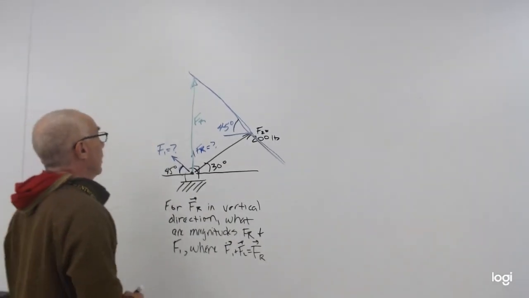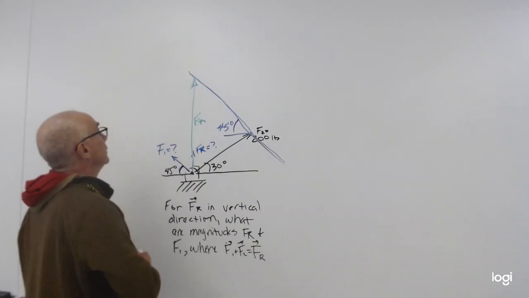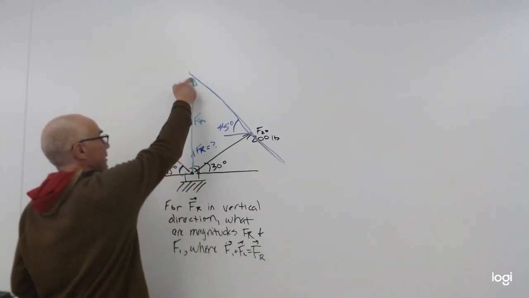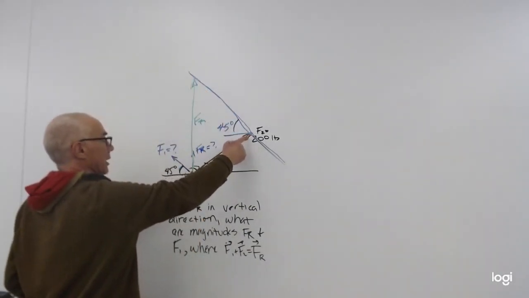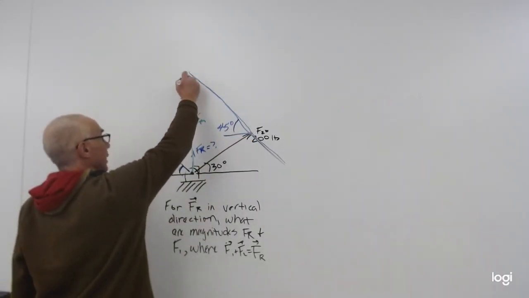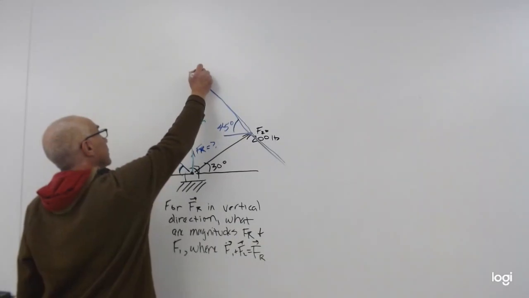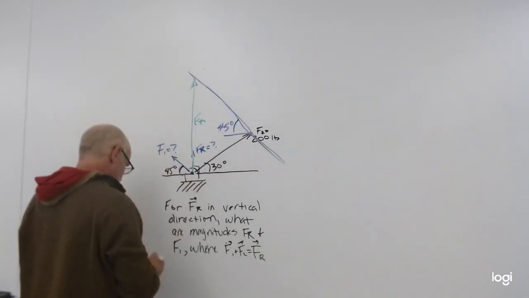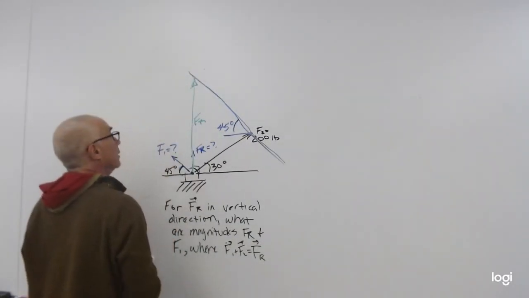So let's do that. We're going to start here at the head, and draw a line that's parallel to this line. I did the other one in blue, so let's do this one in blue as well.